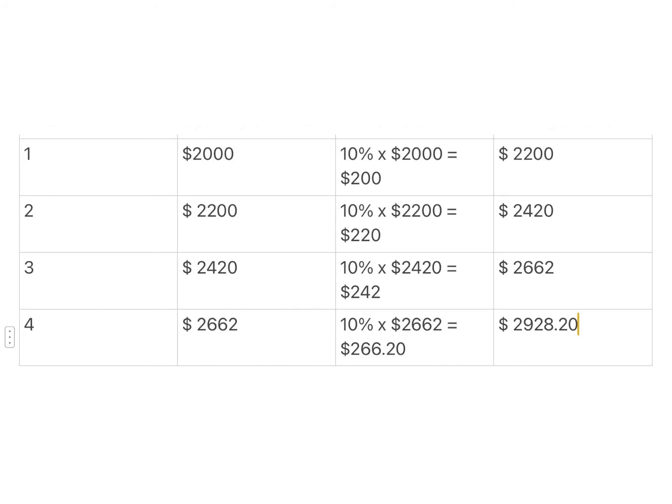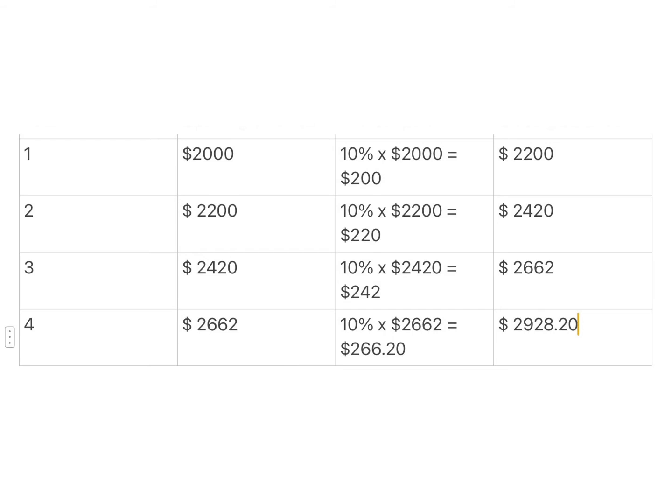So if you notice, and we'll use this table as an example, using our percentage increase, each time we did 100% plus 10%, so 110%, of the opening balance, and that would get us our closing balance. So each year we times by 1.1. Now if I do that 4 times, that's like timesing by 1.1 to the power of 4.